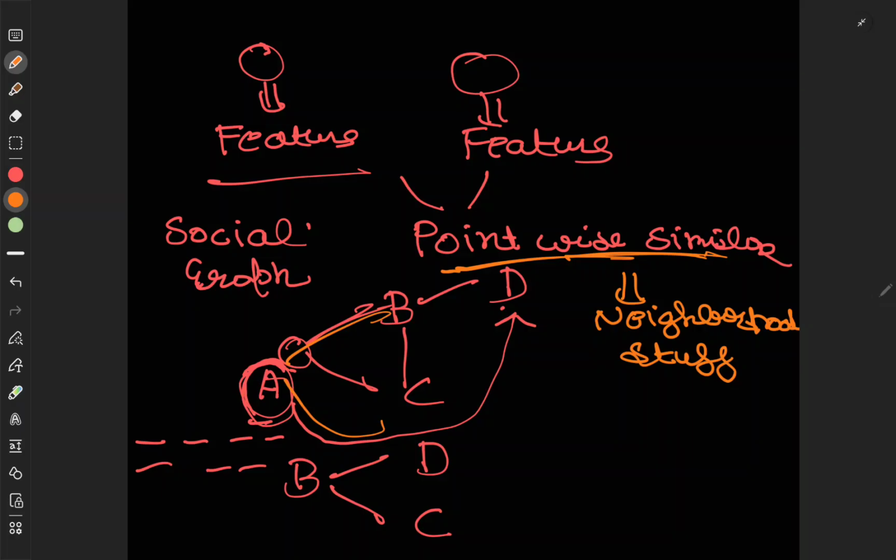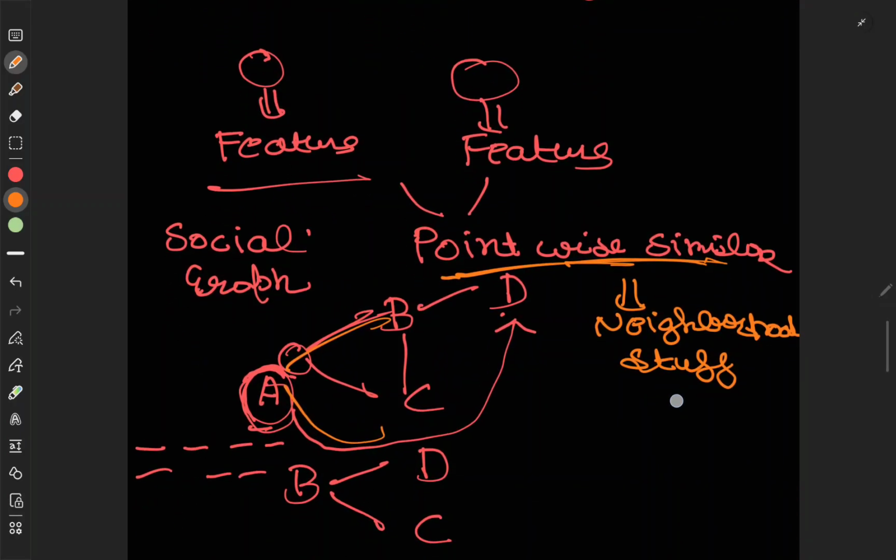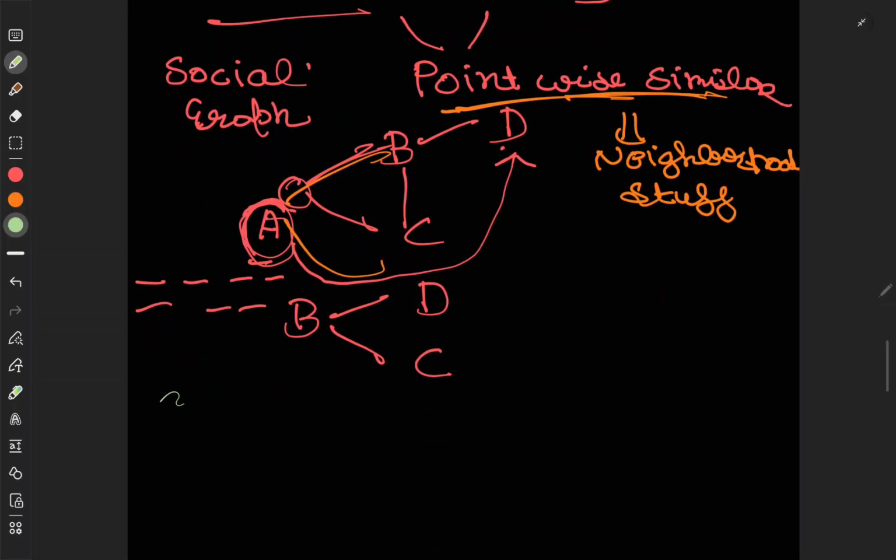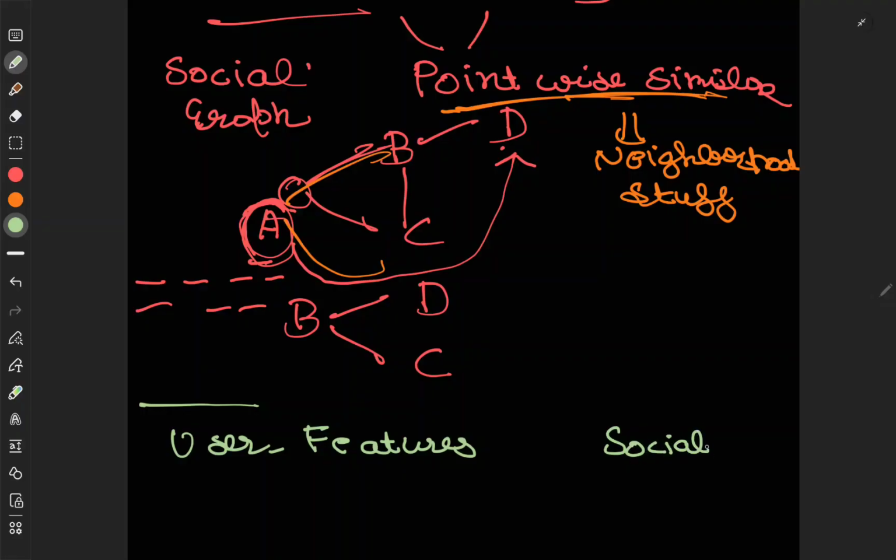Okay, so now the question comes: how are we even going to do that? Let's divide it into two things. First, we need the user features, and then we need social features. Social features means, let's say A and B are there: how many connections are there between them?